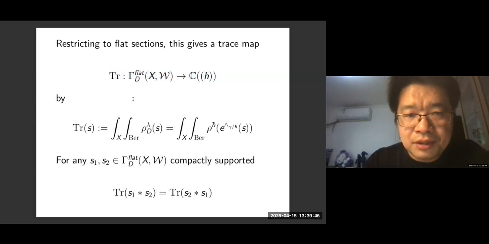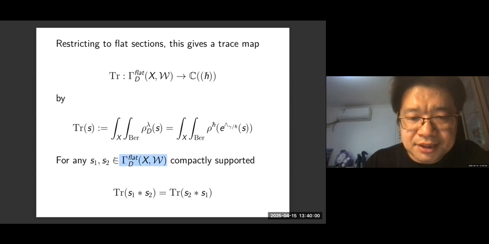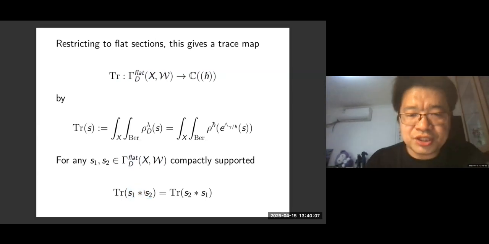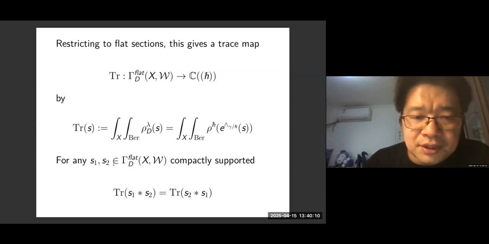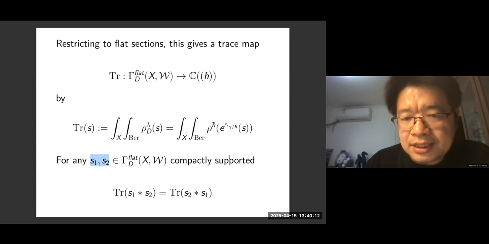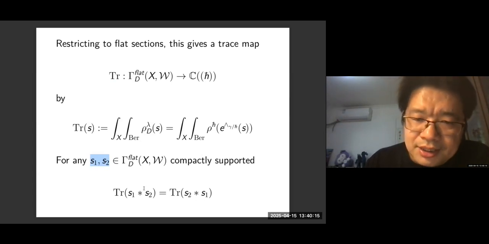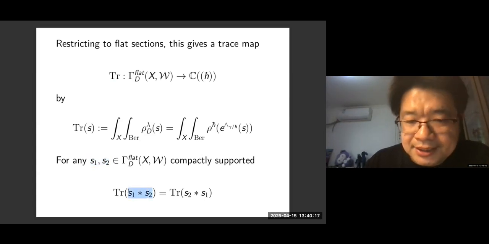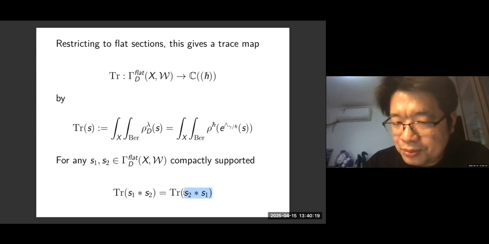So you can show, for example, if you compute the star product, by the way, I just mentioned these flat structures, the flat sections form a deformation quantization. The fiber-wise Moyal product preserves the flat sections. So we do have an associative product, which is like a star product, and you can show, suppose S1 S2 are compactly supported objects here, then if you compute the trace, S1 star S2 equals S2 star S1.